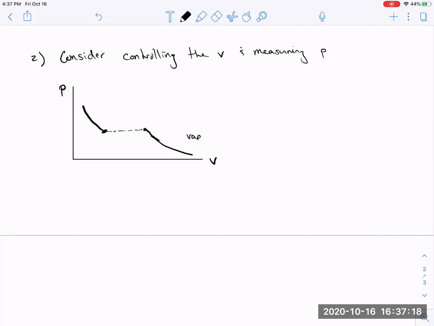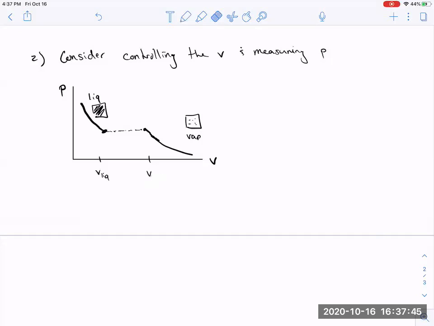If I take the liquid that condenses and compress it even more, the pressure will continue to increase. So we go from a vapor to a liquid.